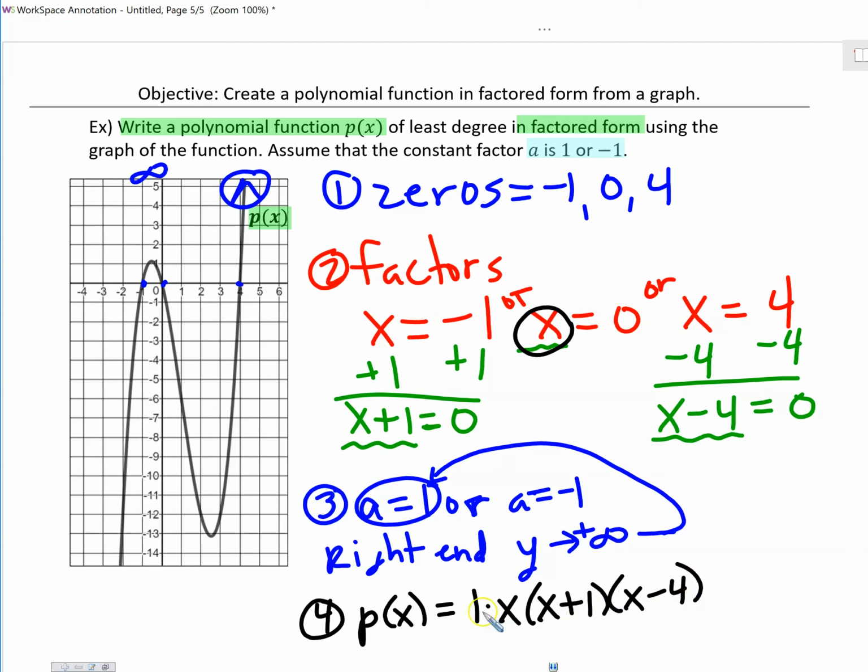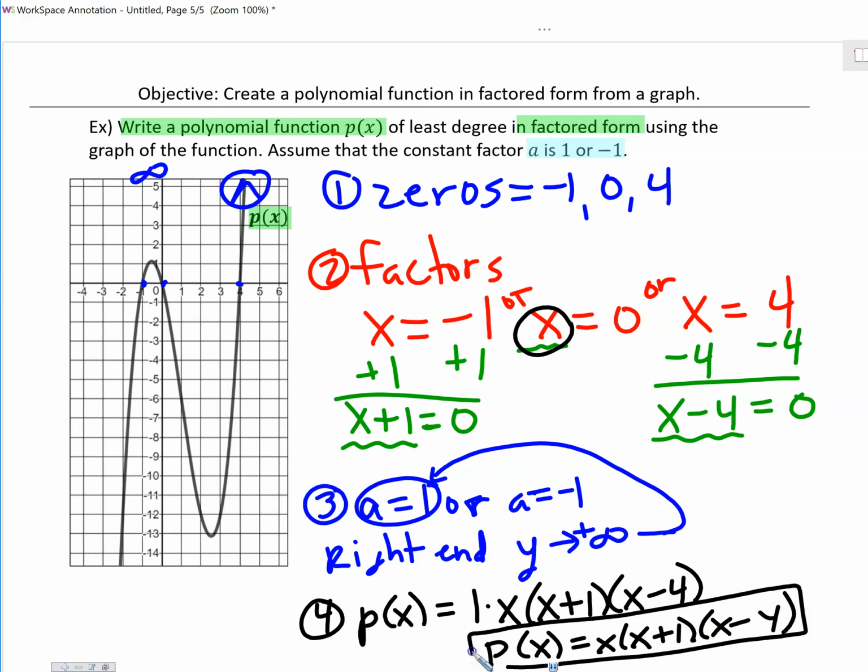And in this case, since 1 times x is just x, I would simplify this to p of x equals x times x plus 1 times x minus 4. And use that as my factored form of my function. All right, let's see what's next.